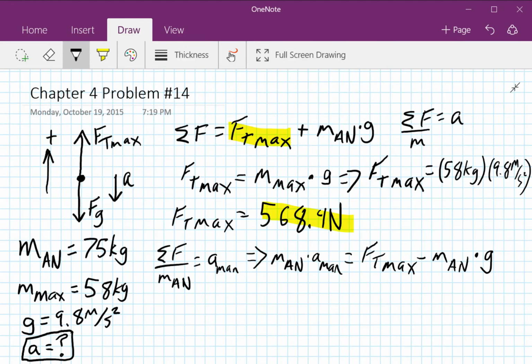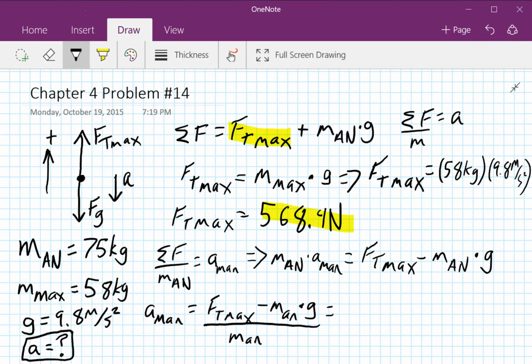So we can isolate, divide the mass of the man over to the right. We have the acceleration of the man equals the maximum force of tension minus the mass of the man times the acceleration due to gravity, all divided by the mass of the man.